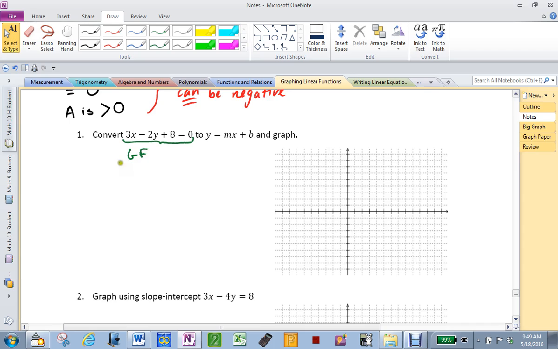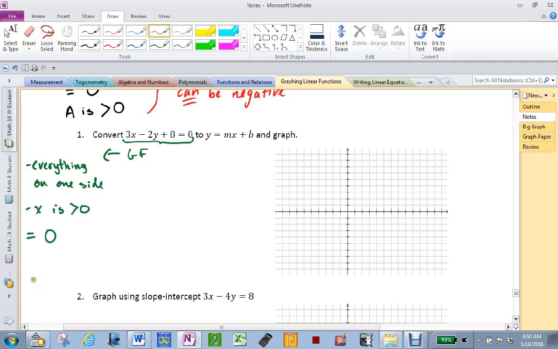No. So I'm going to go ahead, and even though you already know this, I'm actually going to write it out, because people don't seem to be able to remember that. How do you know this is general form? Everything on one side, x is greater than 0, and it equals 0.